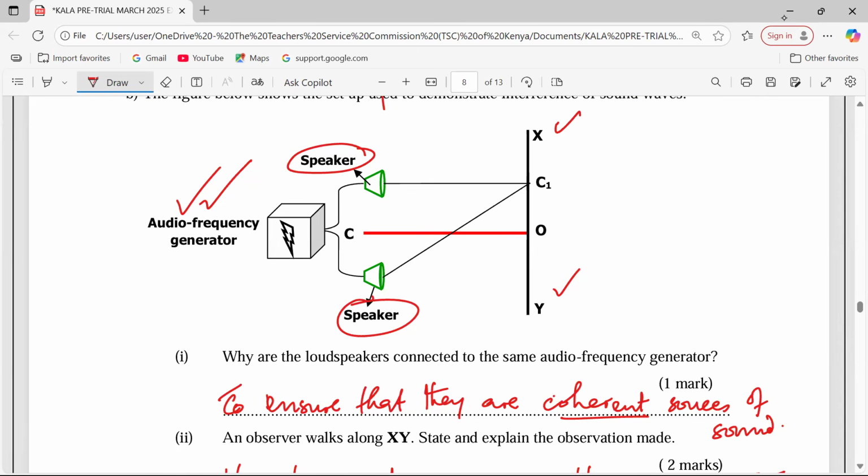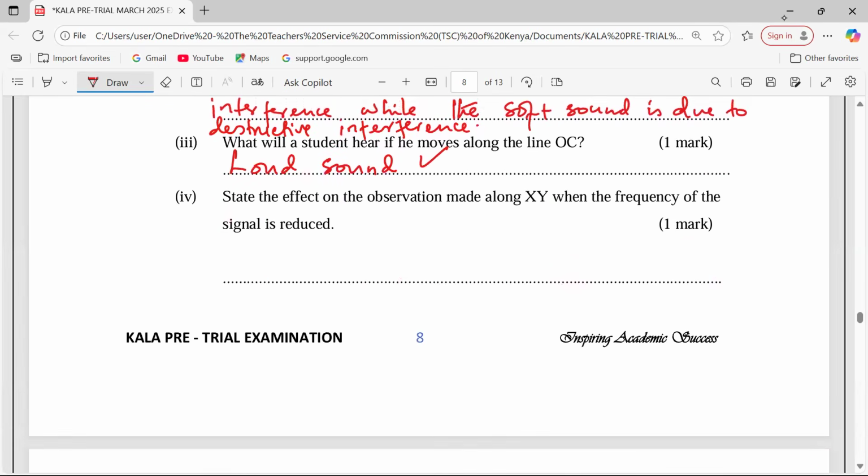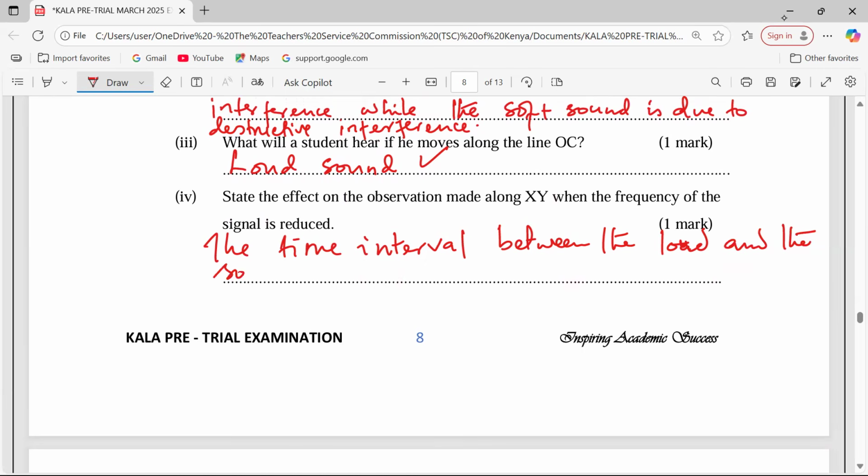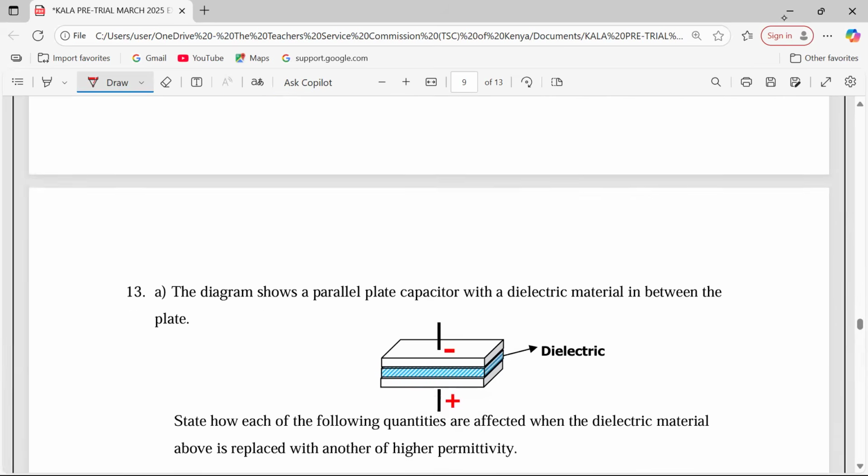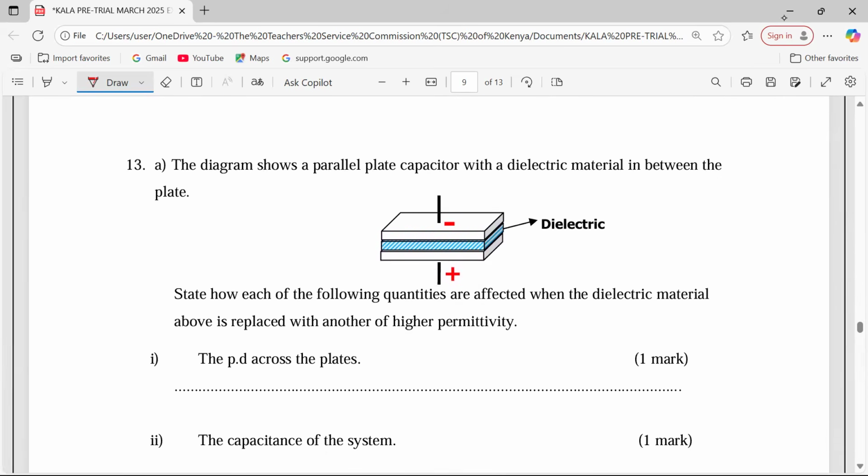Now that we are reducing the frequency of the generator, the time interval between the loud and the soft sound is increased.